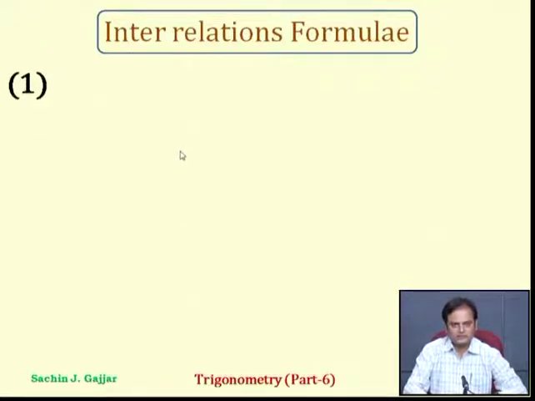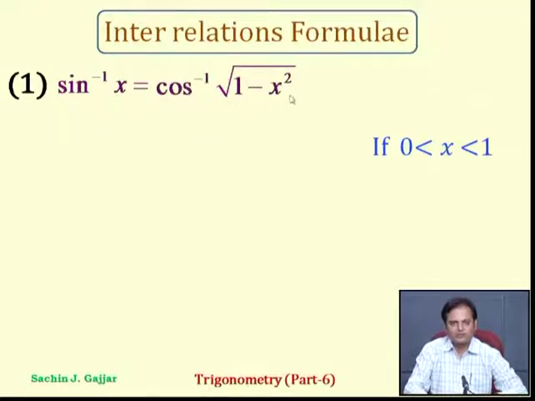So the first formula, if 0 less than x less than 1, this condition is necessary, x lies between 0 and 1, then sin inverse x equal to cos inverse square root 1 minus x square. If you want to convert sin inverse x into cos inverse, then you have to use this formula, sin inverse x equal to cos inverse square root 1 minus x square.